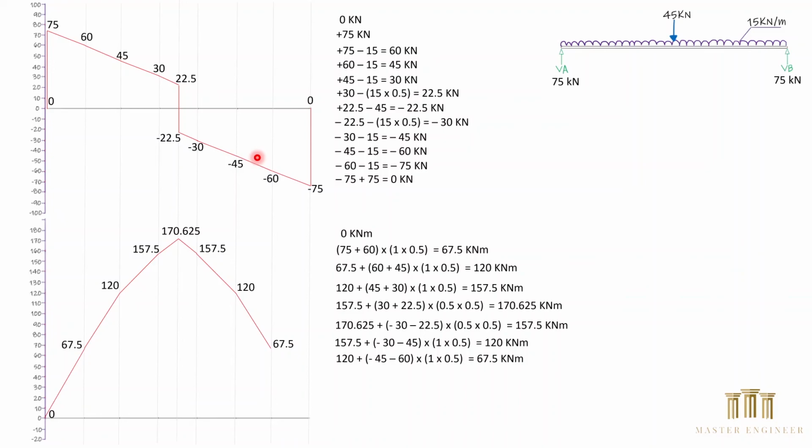From the 67.5 plus minus 60 minus 75, multiplied by the distance 1 meter, multiplied by half of it, equals 0 kilonewton. So from the 67.5, a straight line goes back to 0. Now we could see all our answers are correct. We started from 0, we end up at 0.